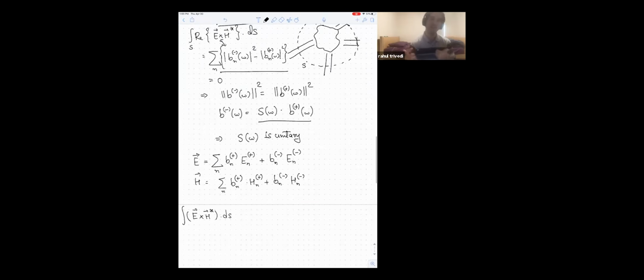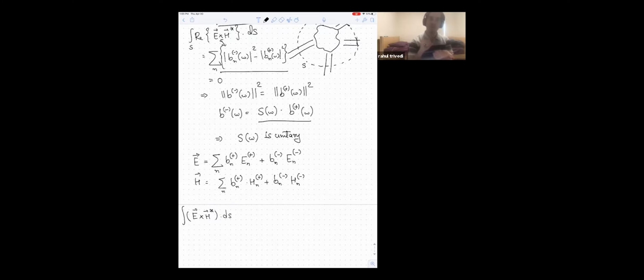And when n is equal to m, we have set this integral to be equal to unity. So we have normalized the amount of power in every waveguide mode to be equal to 1. So that power has to be the same, right? It's only then that you can claim that your power is equal to the sum of squares of amplitudes of your input.